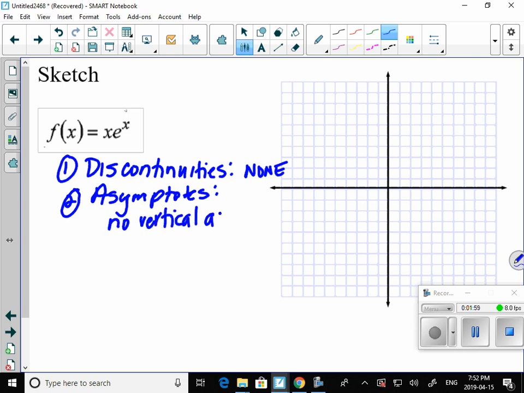This is not a rational function. For oblique asymptotes, we've been looking for where the degree of the numerator is 1 higher than the denominator, and it's difficult with our method. We're pretty sure it doesn't.